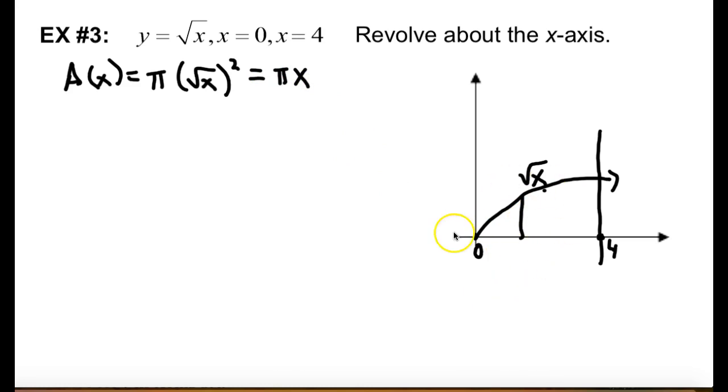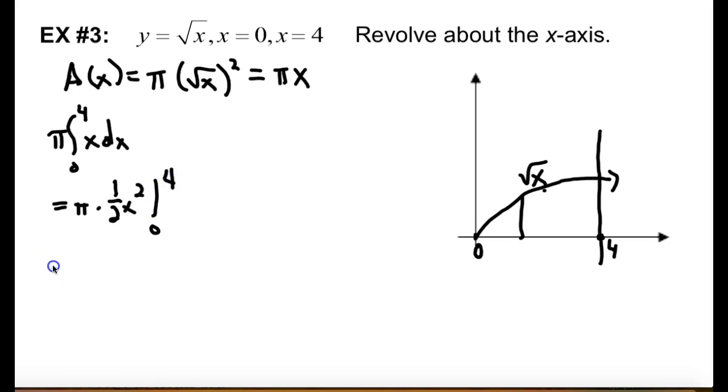So if I want to find the volume of this figure, I'm going to integrate my area function. So we know our bounds are 0 and 4. I can pull my pi out front, and I'm just integrating x dx. So this is a pretty easy one to do. The antiderivative of x is 1/2 x squared, and I'm evaluating that from 0 to 4.